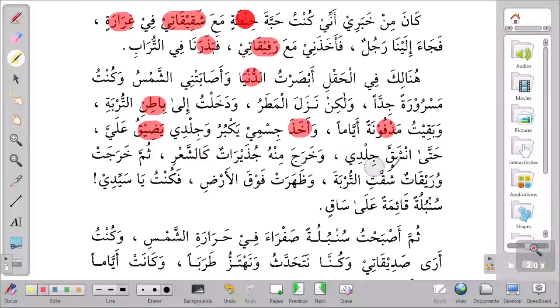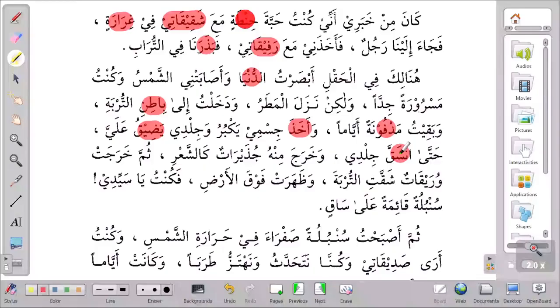Hatta inshaqqa jildi, until my skin, inshaqqa. When we say inshaqqa, it means to split open. Like in: wa inshaqqat as-sama'u fa hiya yawma idhin wahiya. All these are talking about splitting open.